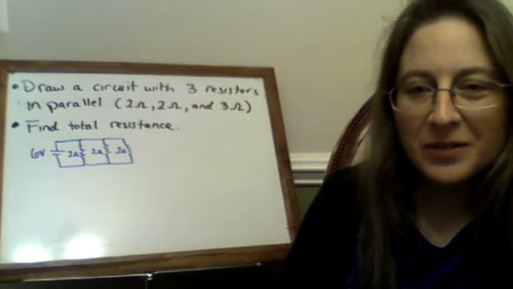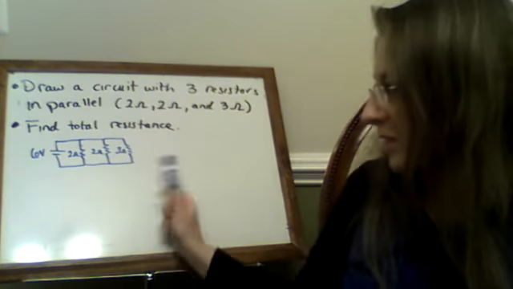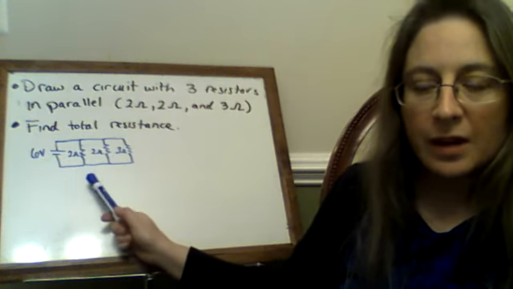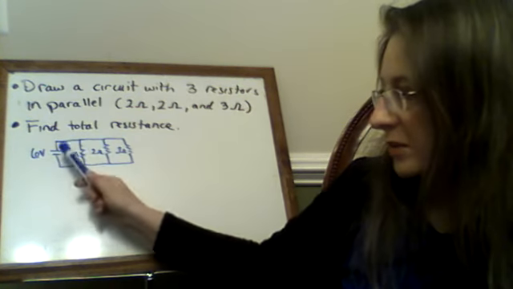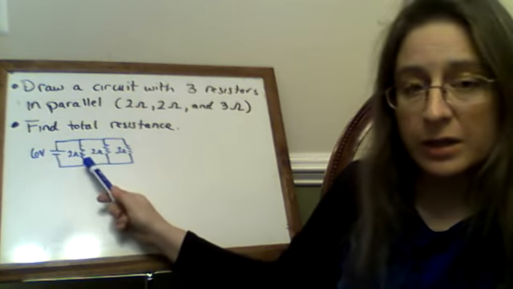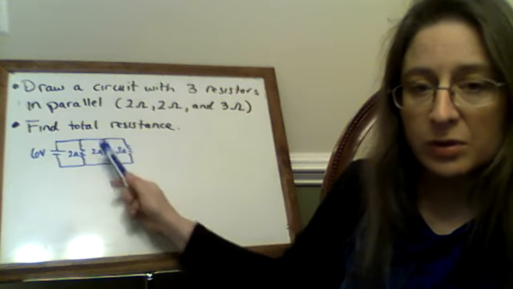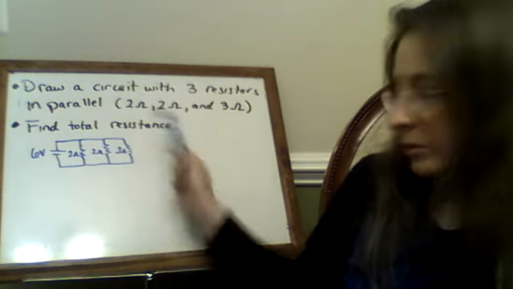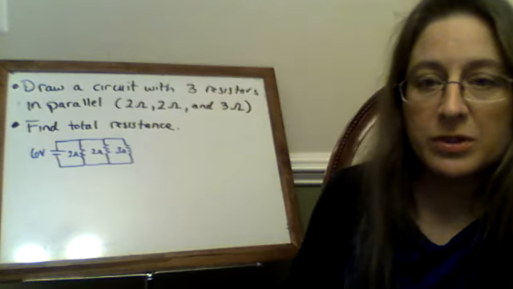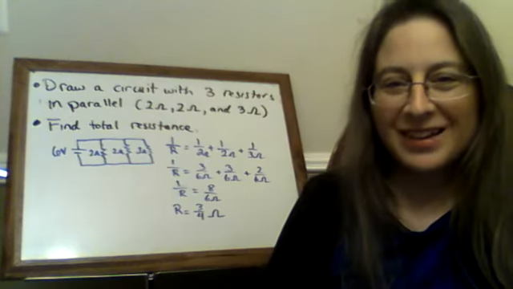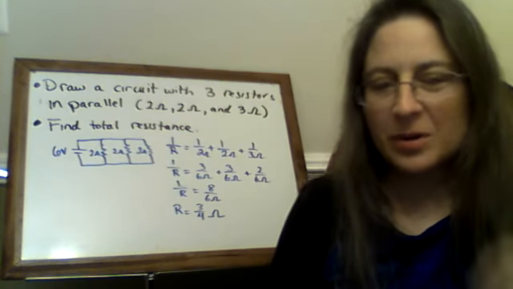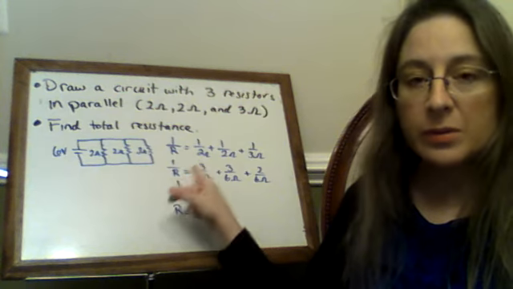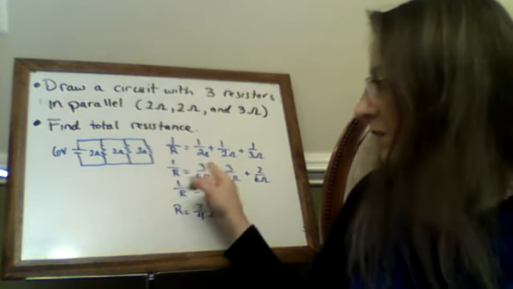Okay, so hopefully you drew in your 6-volt battery and then you made them in parallel so that electrons can choose to go through either this 2 ohm or that 2 ohm or that 3 ohm resistor. And there are 3 separate pathways from one terminal to the other. Okay, so to solve for the overall resistance of the circuit, you use your formula 1 over R equals 1 over each resistor.